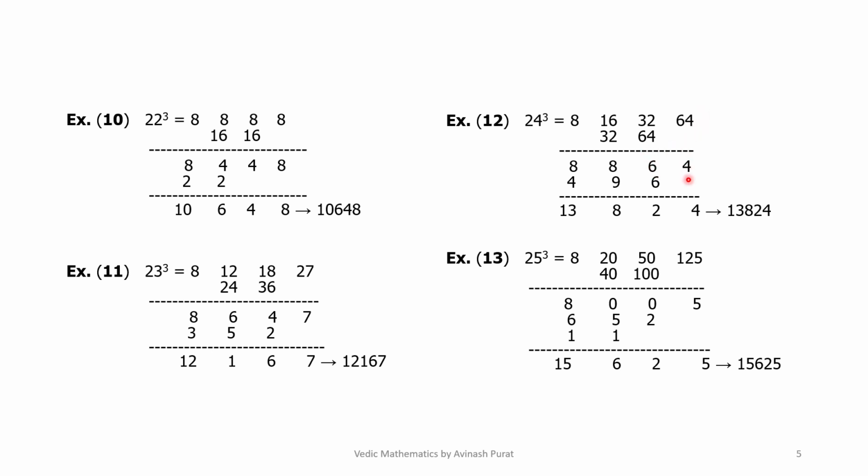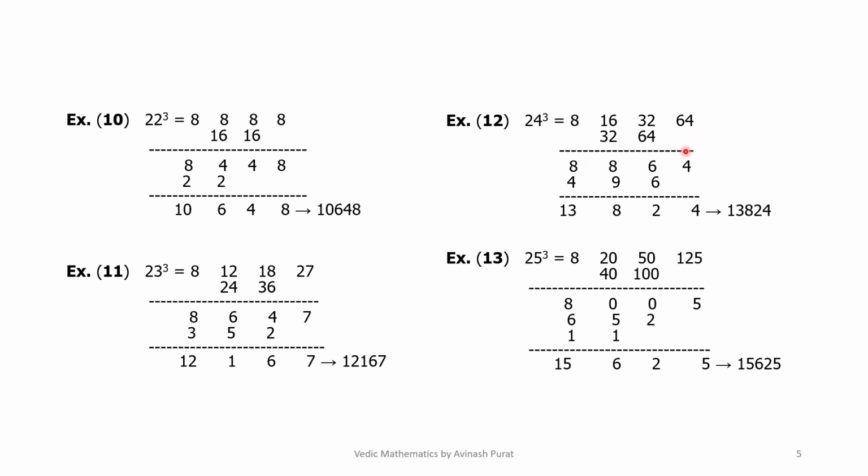So we take down the totals. 64, 4 is taken down, 6 is to the left. 32 plus 64 is 96. 6 is taken down and 9 is taken to the left. 16 plus 32 is 48. 8 is noted down and 4 taken to the left, and 8 is taken down.